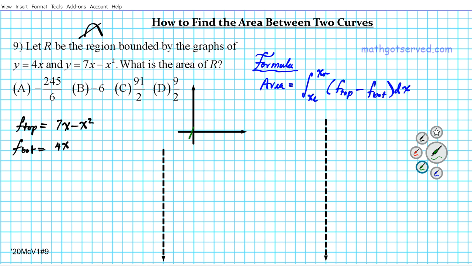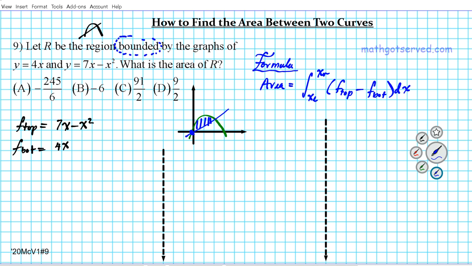So we have a quadratic function that looks something like this, and then we have a linear function that looks something like this. You know what y equals 4x is, okay? Notice the question says the region bounded by the two graphs. So it bounds this particular region right here. So we're trying to find out what this area is.